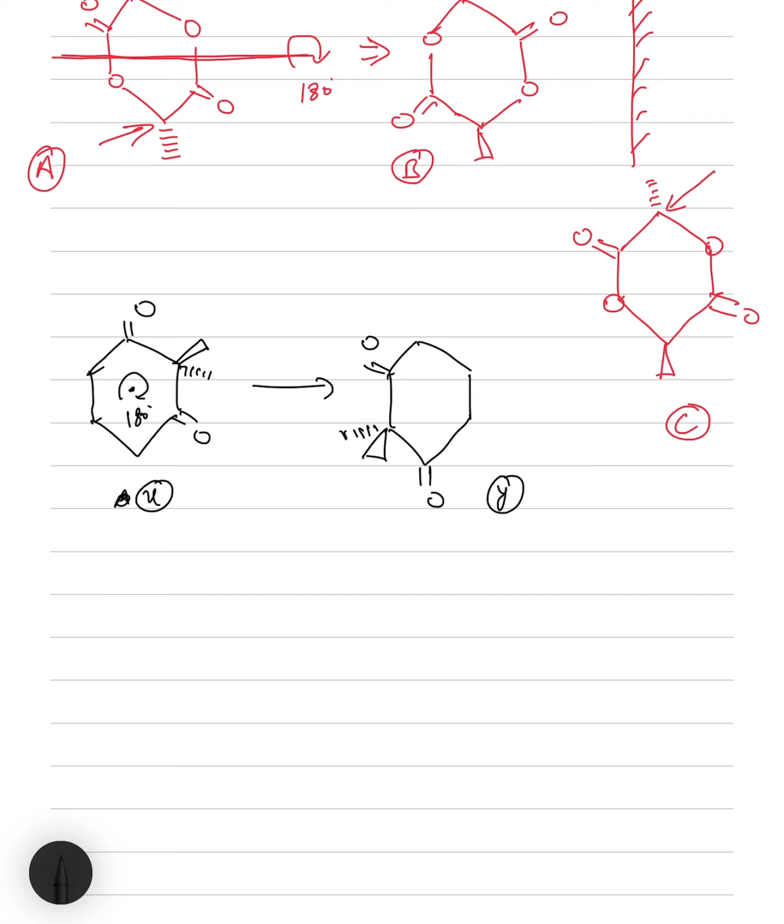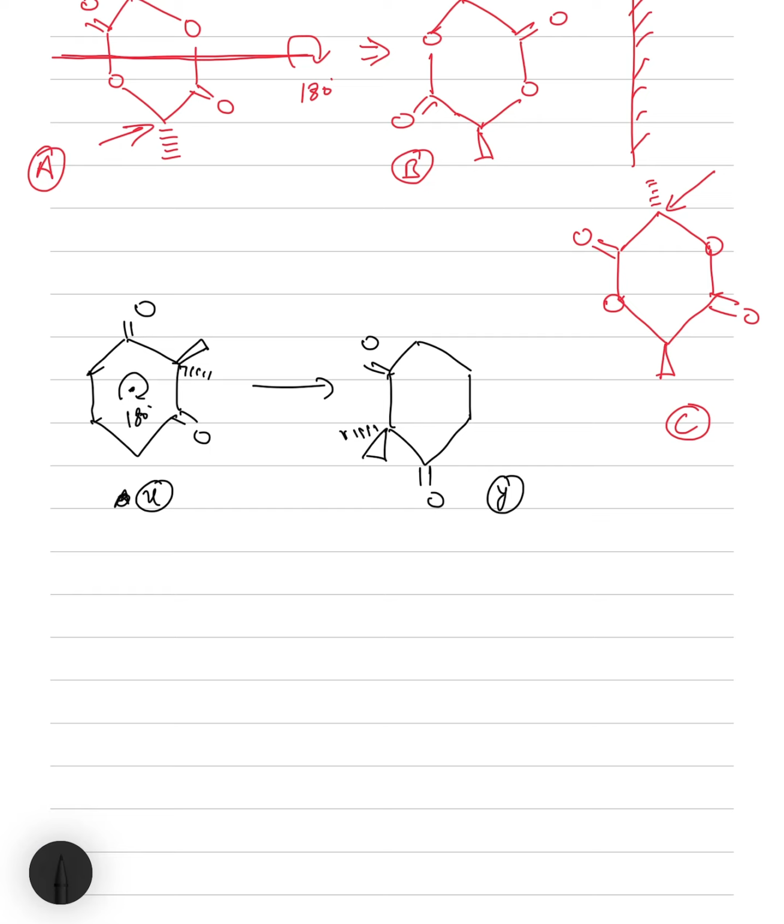Now the axis of rotation is perpendicular to the screen, right? Now we have to check the mirror image of this molecule along the plane which is perpendicular to the axis, right?